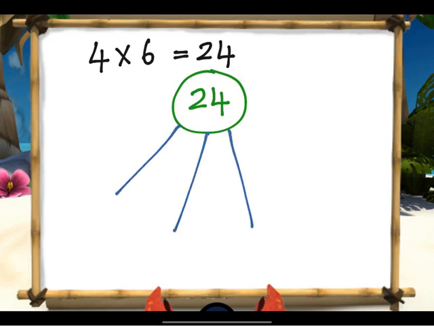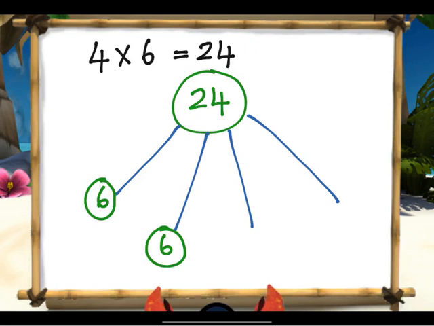So how many groups? 4 groups. 1, 2, 3, 4. 4 groups of 6. 6. Second group of 6. Third group of 6. And that is a fourth group of 6. This is the number bond for the multiplication sentence.